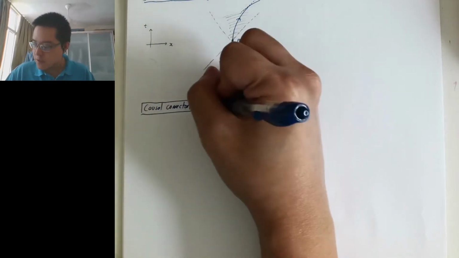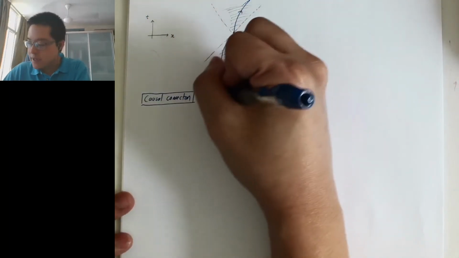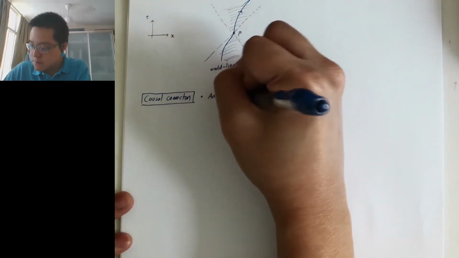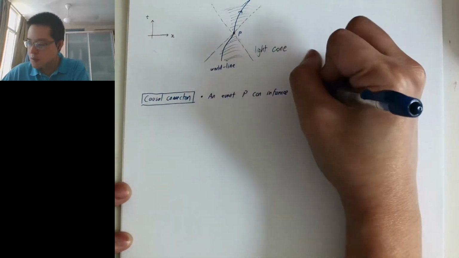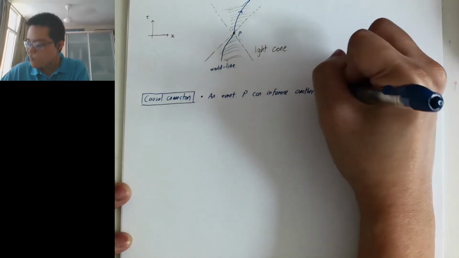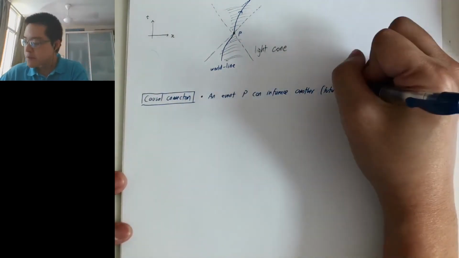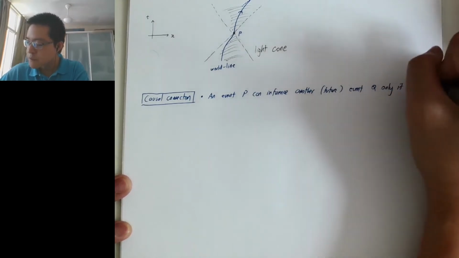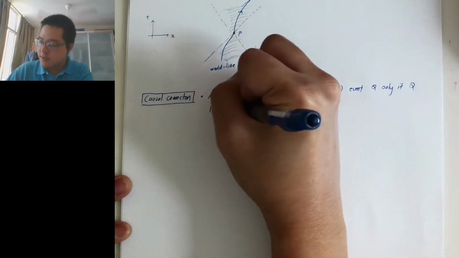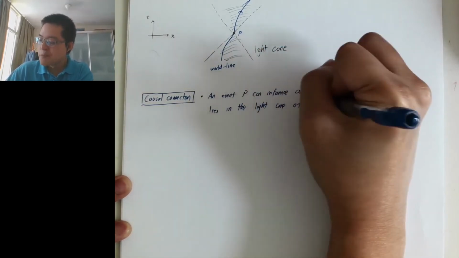Okay, so we have an event P. The first point is the future. How does an event affect something in the future? Can an event P influence another future event Q only if Q lies in the light cone of P?